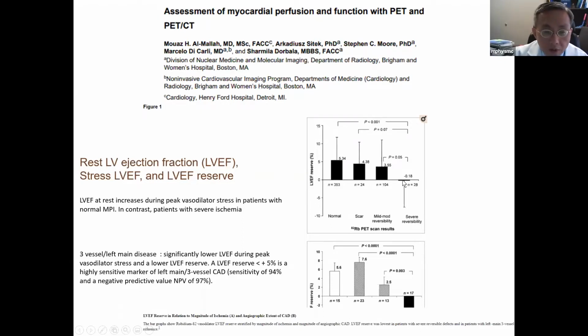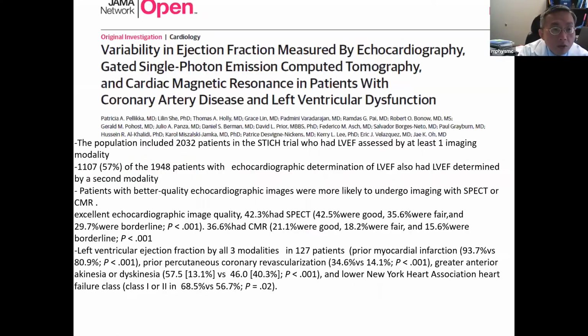So if LVEF reserve is 0 or negative, it is highly predictive of severe ischemia, and also predictive of extensive coronary disease. So it's very important to get the ejection fraction at rest and stress. And bear in mind that very few centers do both EF at rest and post stress. So the fellows who go out there and set up your lab, I think it's very important to also get the ejection fraction at rest and post-stress.